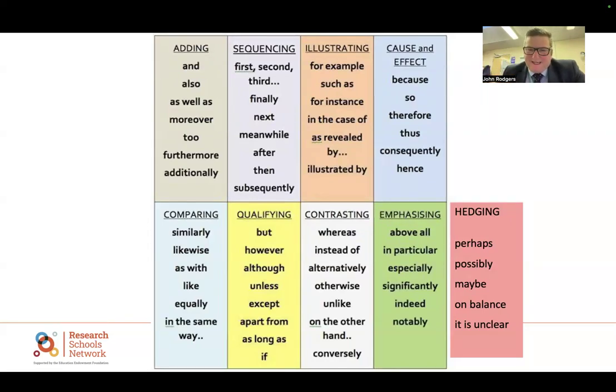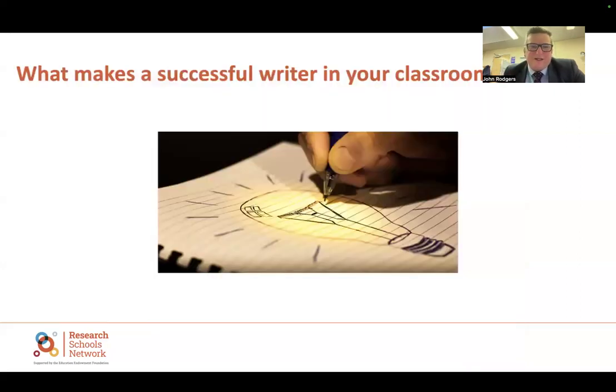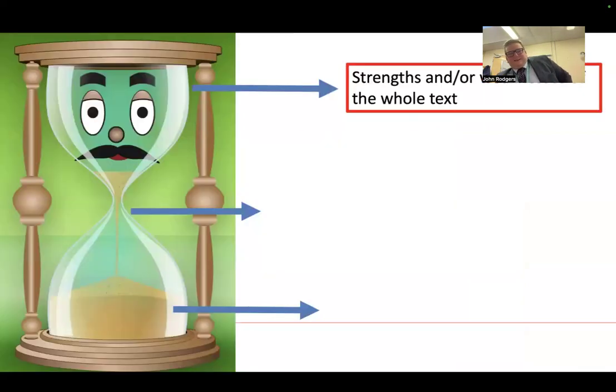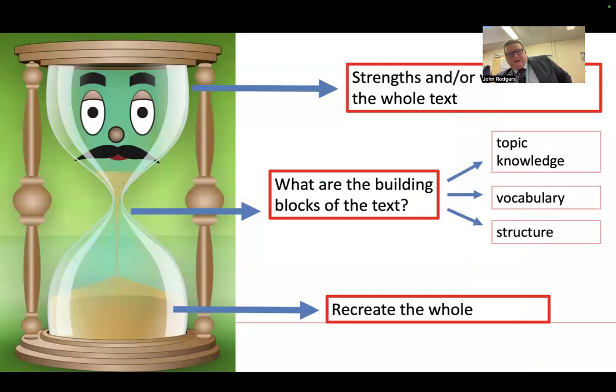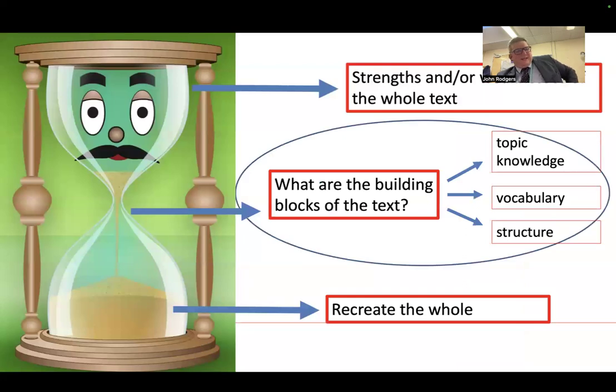So again, like I said before, the evidence around all this is very much contextual, very much about discrete skills in the context of your subject. This is just asking us to have a little think about what makes a successful writer in our particular subject.